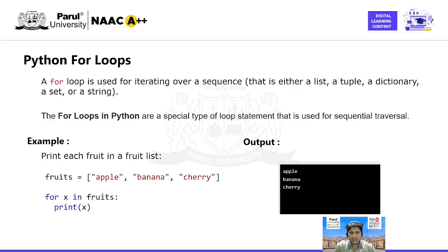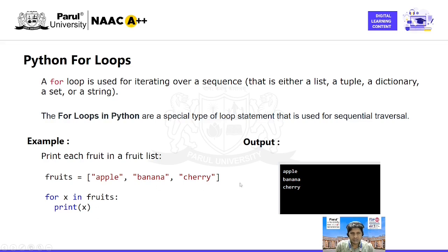Suppose you have a list of fruits, for example apple, banana, cherry, and you want to traverse and retrieve all these fruits one by one. Then you can use for x in fruits: print x. You can see the output: apple, banana, cherry.